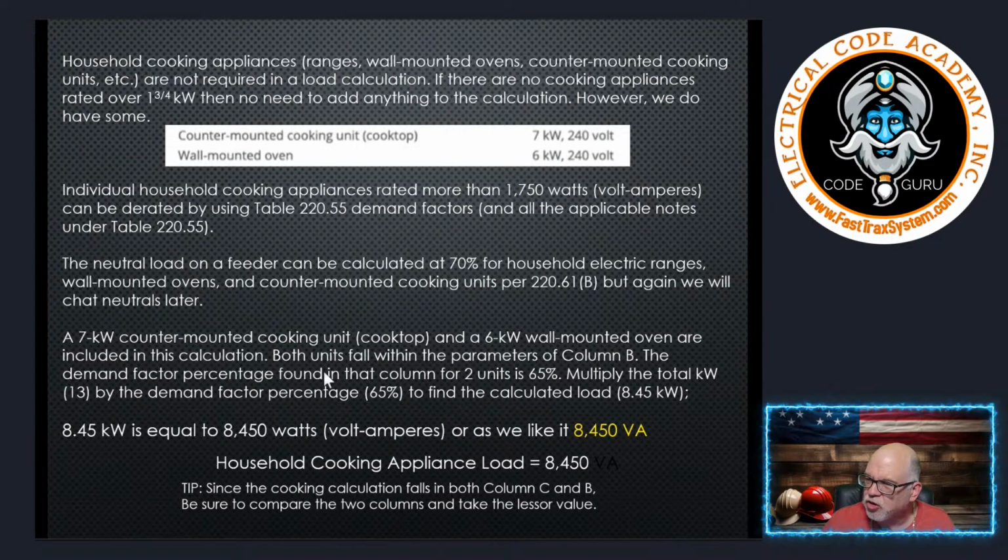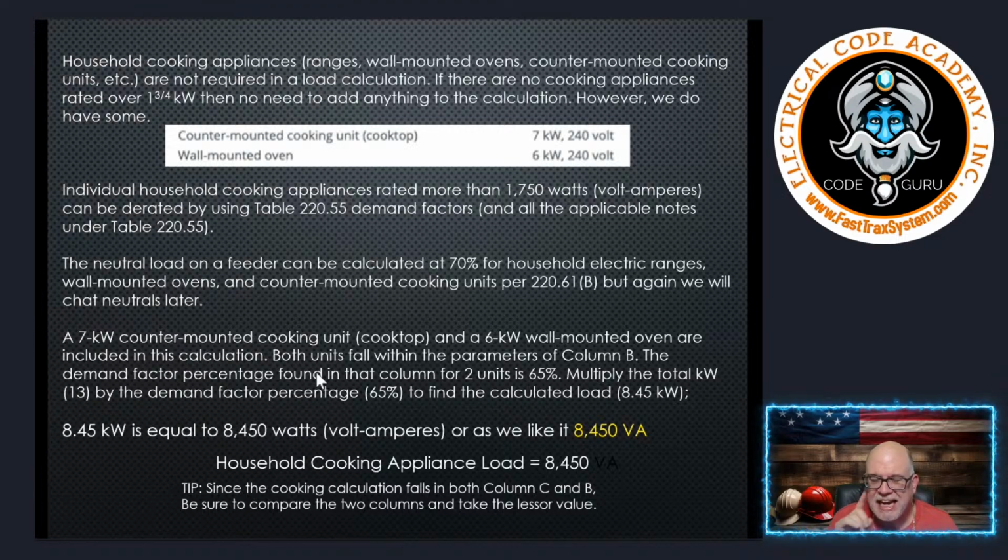You'll notice something interesting when it comes to the cooking appliances here. Both of these fall under column B of 220.55. Both of them do, right? It falls between 3.5 and not more than 8¾. Both of these fall right in column B.